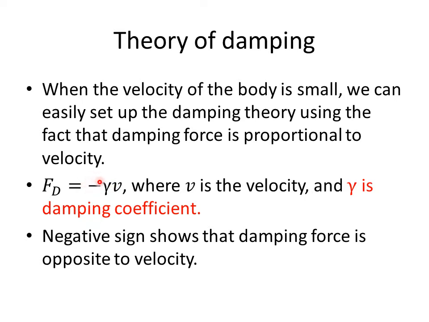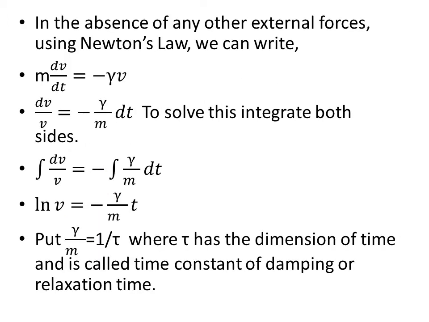The negative sign indicates that the damping force is acting opposite to the velocity of the body because it tries to stop the movement of the body, and that's why we use a negative symbol here. So in order to set up the equation, what we assume is that if there are no external forces present, then we can write the net force acting on the system in terms of the acceleration of the body, which is dv by dt.